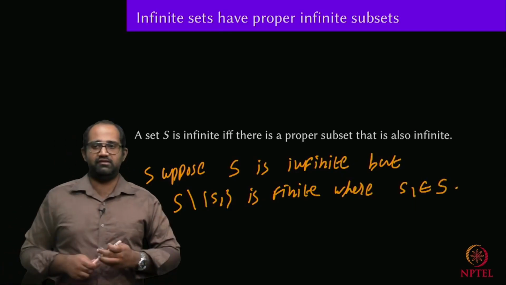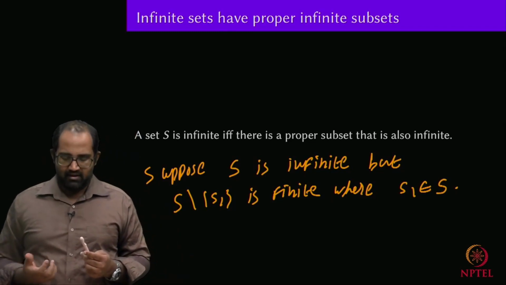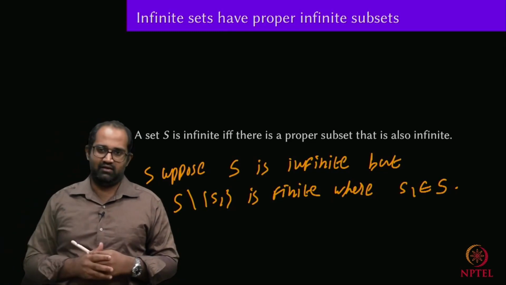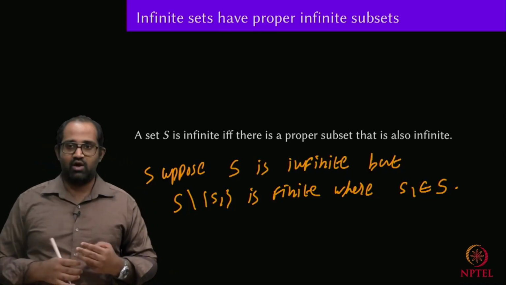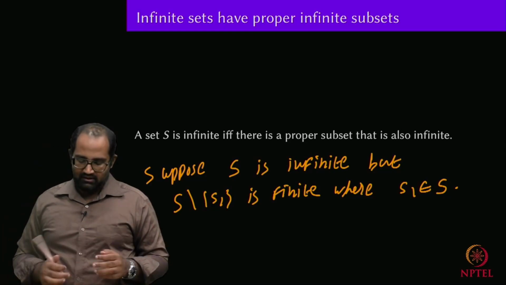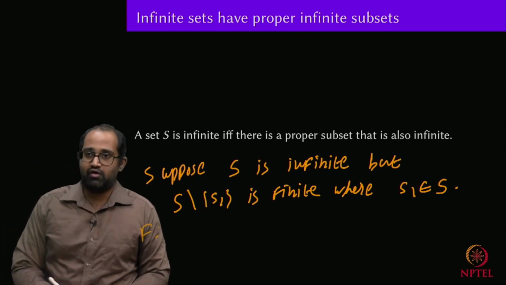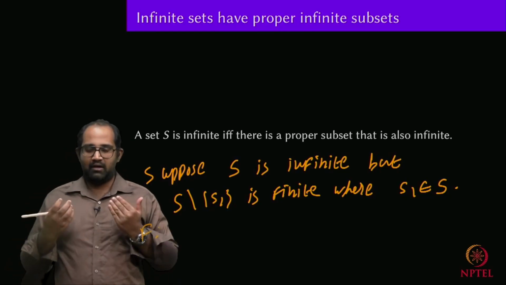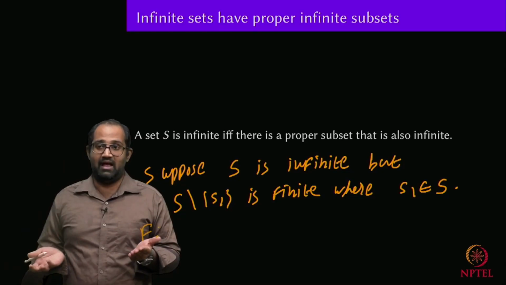So what I am doing is, I am starting with an infinite set S and I am saying pluck out one element and throw it away. I am calling that one element S1. Suppose after this throwing away, you are left with a finite set. Then that means you have a map F. Now of course, removing one element from an infinite set cannot leave you with an empty set.